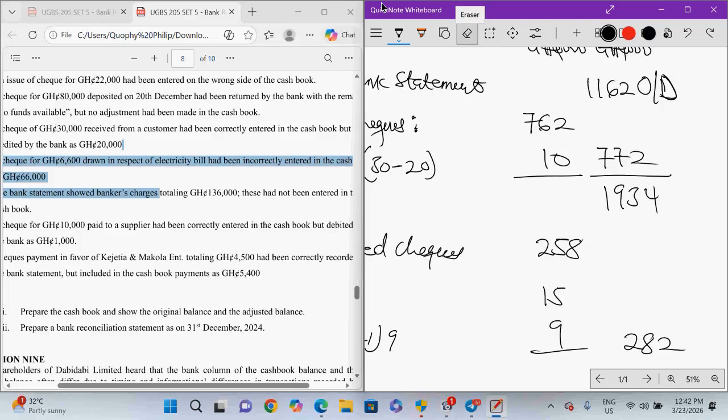I mean the summation of the balance as per bank statement and then the uncredited checks. If you add the first two, it is 12,392. This one is an overdraft, and this is a positive figure. Overdraft is not negative.